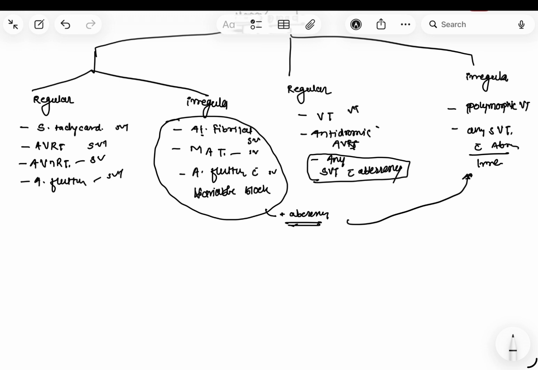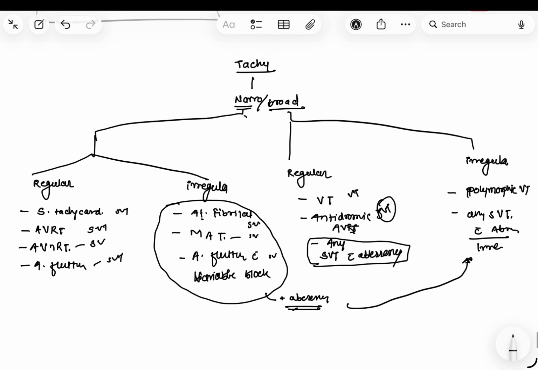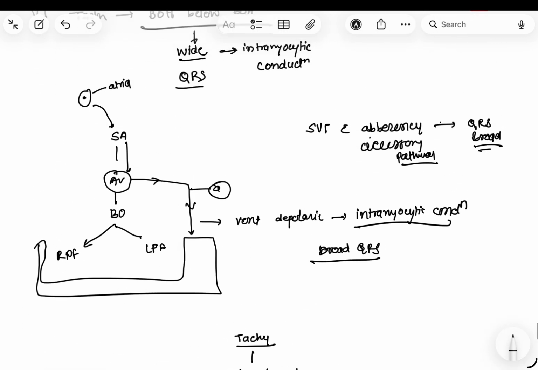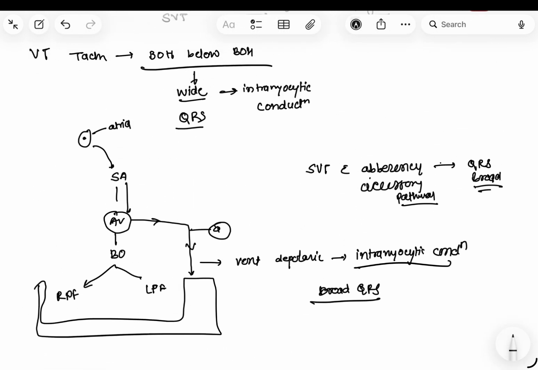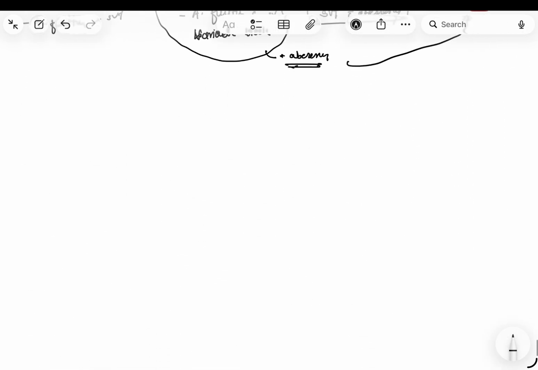These are VT. This one is also SVT, but it is a broad QRS complex due to antidromic conduction. We will discuss what antidromic and orthodromic are. So this is the basic classification one should know to understand the tachyarrhythmias. This concept is very important as the foundation of tachycardia.